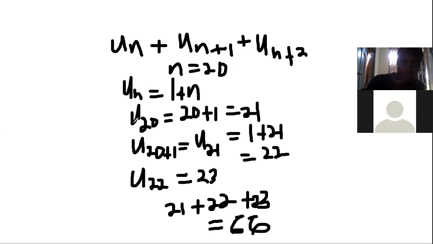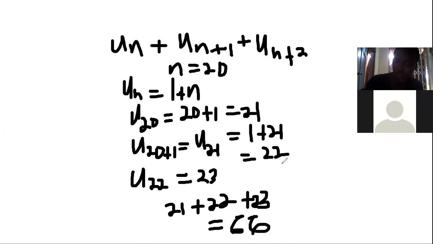So when n is equal to 20, U20 will give us 20 plus 1. That will give us 21. Then we come and find this one. The new U n here will be U20 plus 1, so we are going to get U21. U21 is equal to 1 plus n, where the n now becomes 21, and the 1 is already there.